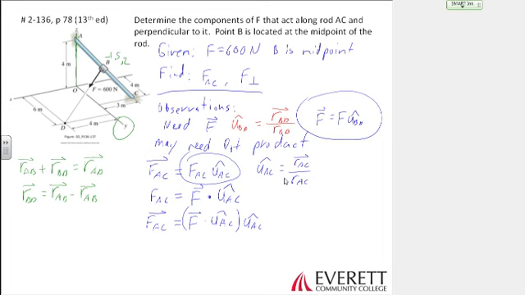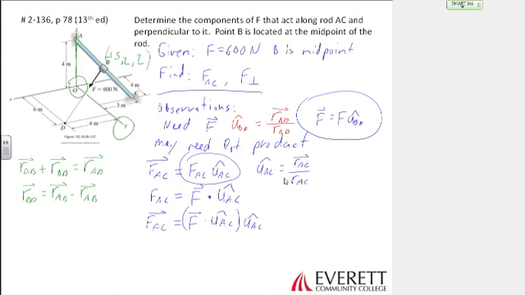So negative 1.5, 2, and then what is the z component of B? Positive 2. If you look at the origin, to get all the way to A, we'd have to go 4, but we're only going halfway. So 2. So we now have the coordinates of point B.